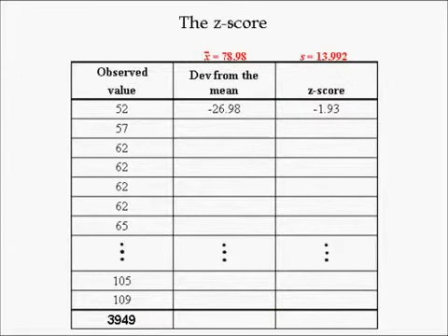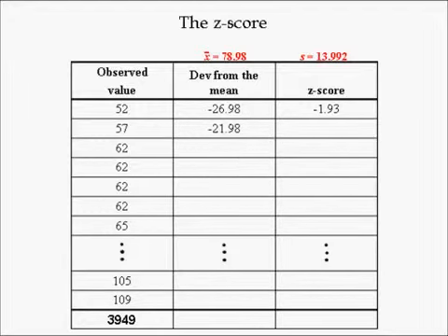Notice that we carried the first deviation from the mean and the first z-score from the previous slide into this table. The second deviation from the sample mean is computed by subtracting the sample mean of $78.98 from the second observation of x, $57. The second deviation from the mean is equal to a negative $21.98.